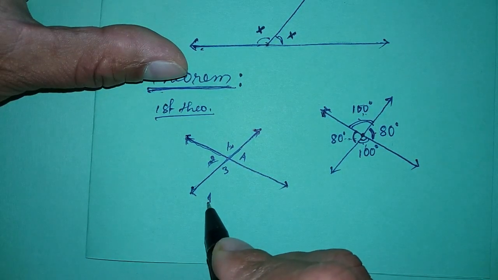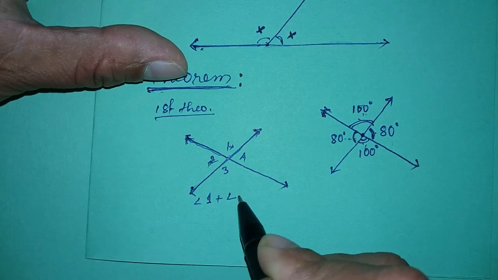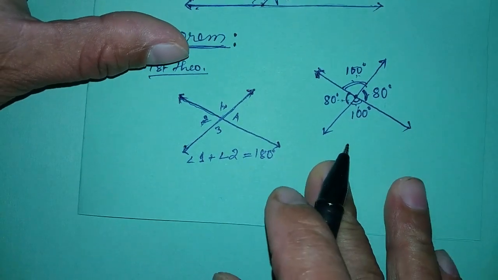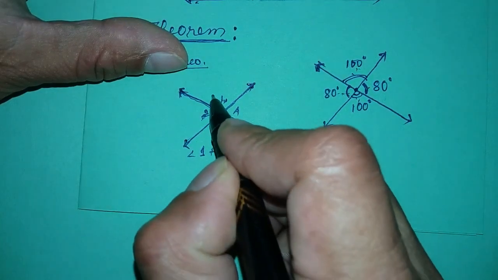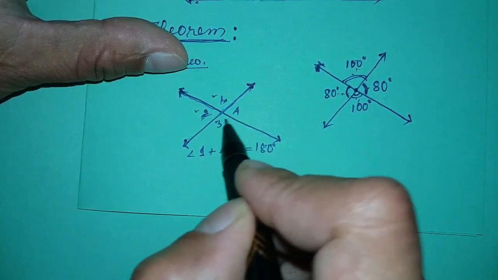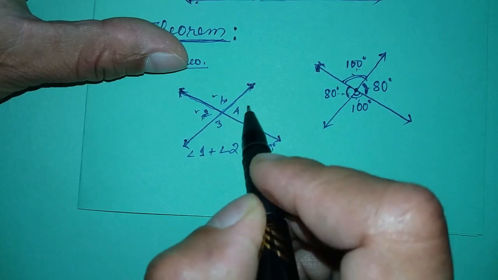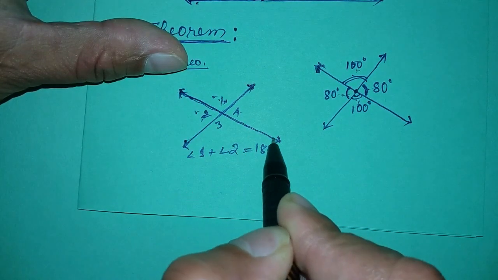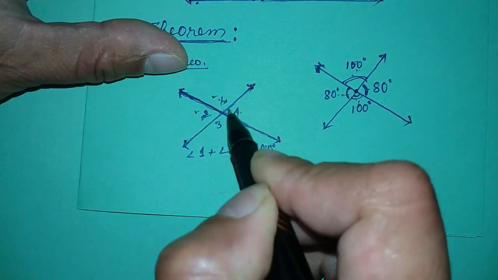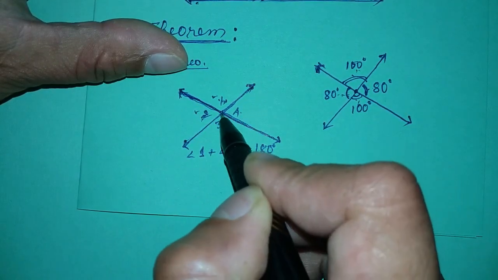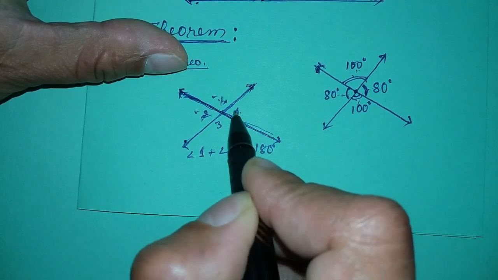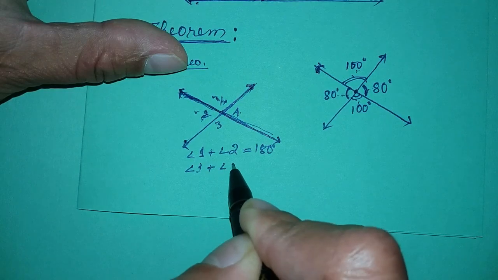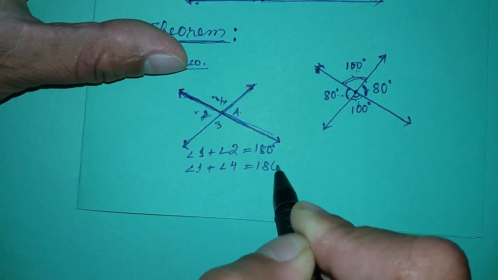So angle 1 plus angle 2 is equal to 180 degrees. Again, angle 1 and angle 4 form a linear pair because this is a straight line and this ray is standing on it, so angle 1 plus angle 4 is equal to 180 degrees, linear pair.